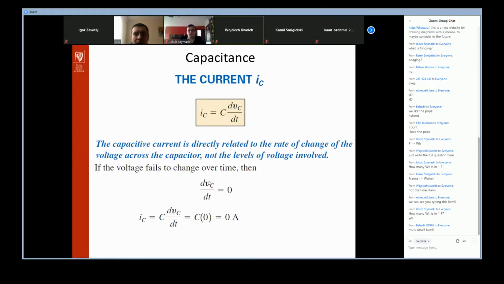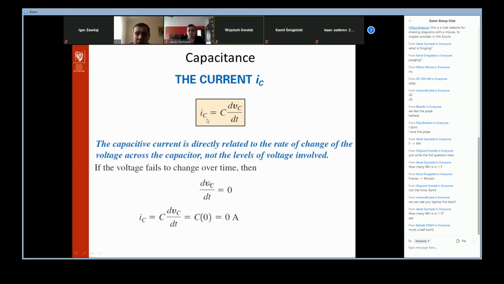Okay, we can also describe another expression for the current which is passing through the capacitor, and we can use here the derivative function. Why?